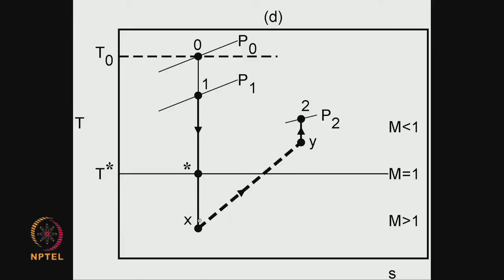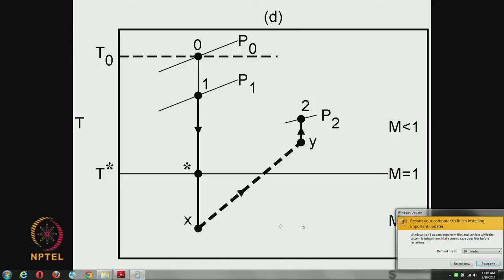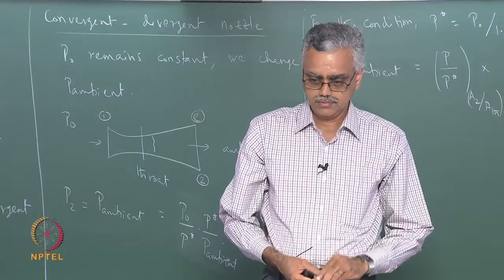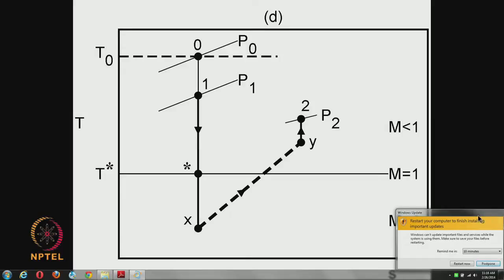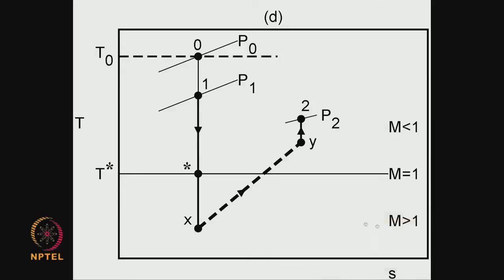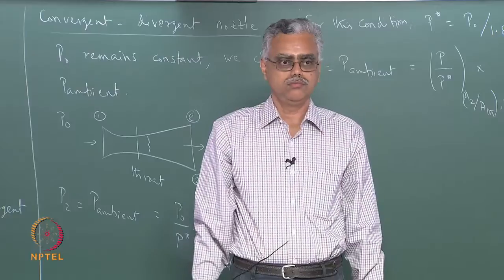The further away I move from the M equal to 1 line, the higher the Mach number, the stronger the shock, and the more the loss of stagnation pressure. Then you can see that this Mach number is also much less than before because the shock is now stronger, and you finally reach this state. So now the loss of stagnation pressure is even more.